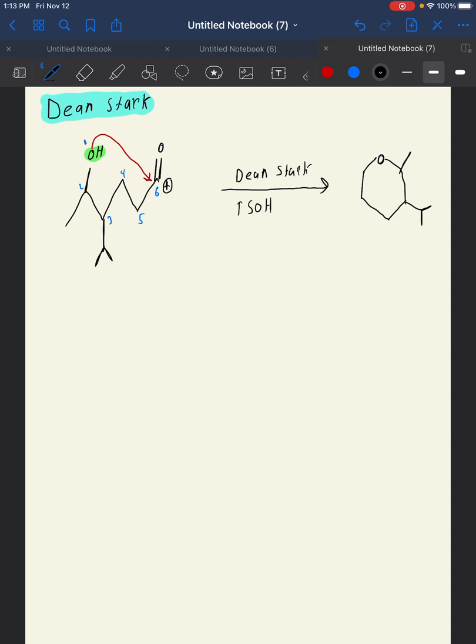Sixth spot I have my ketone. And let me go back and double check. 1-spot oxygen, check. 2-spot methyl, check. 3-spot isopropyl, check. 4-spot nothing, check. 5-spot nothing, check. 6-spot ketone, check. Correct. That's your product. So as you can see, it's basically just numbering and keeping track of all of your substituents, and that's how you do these.